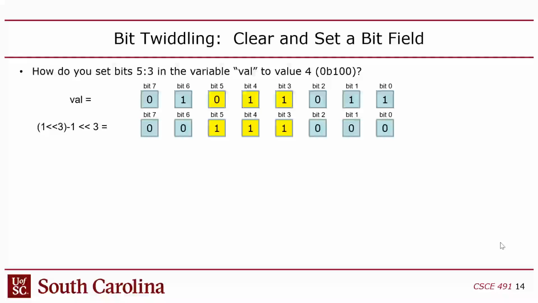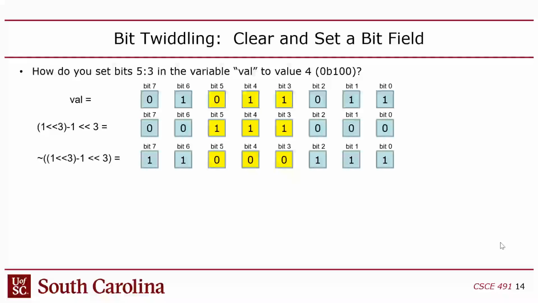So now we're having to go through several different operations here, right? Number 1, I have to set up my 3 1s. So that's 1 shifted by 3 minus 1. Then I have to position that under the field, so I shift that value by 3 bits to the left. That way those 3 bits are aligned under the temperature field properly. Then you have to negate that, so you flip all the bits.